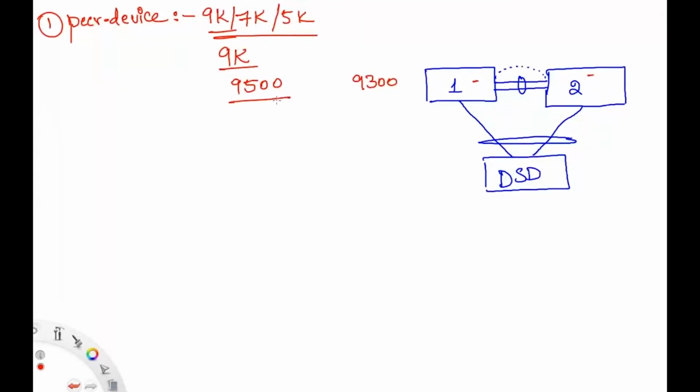Can you use 9500 as one peer device, 9300 as the second peer device? No. Why? Software builds, software foundations of both the series are completely different. The NX-OS versions, the compatibility of these devices, the working of these devices are completely different. So you cannot have them configured in a VPC. All right. What about 9500 and a 9500? Definitely yes. So 9500 and 9500 you can pair up.